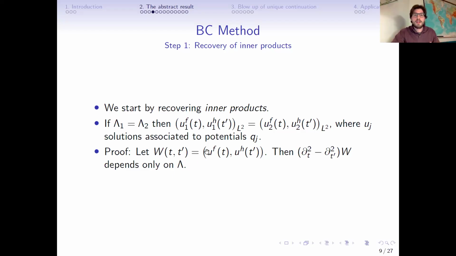You apply the wave operator to these inner products, and this depends only on lambda. Then you can have an energy estimate for the wave equation just in 1D, and this will automatically give you a very good stability, because it's just the stability of the source and the solution.